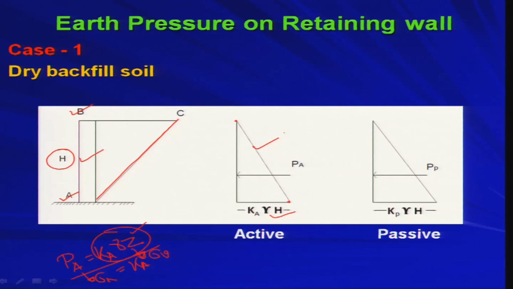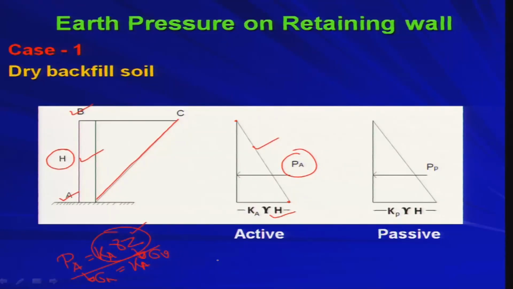Now, if I want to find out the total thrust, the total active force acting on the wall, say P a, what is P a? P a is nothing but the area of the triangle, which is the pressure distribution.